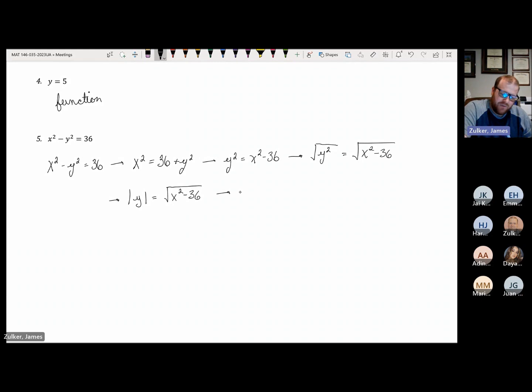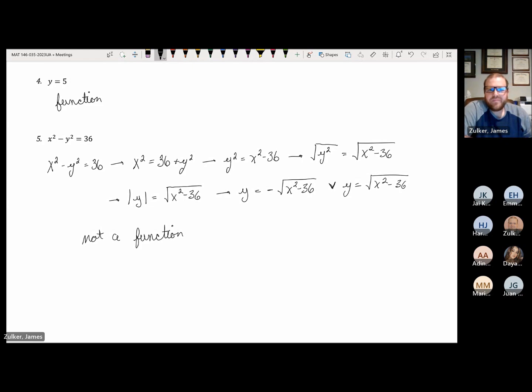And again, that leaves us with two options. y is negative root x squared minus 36, or y is the positive square root of x squared minus 36. So we get two possible y values.